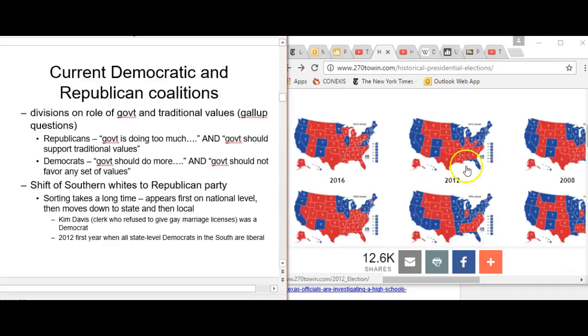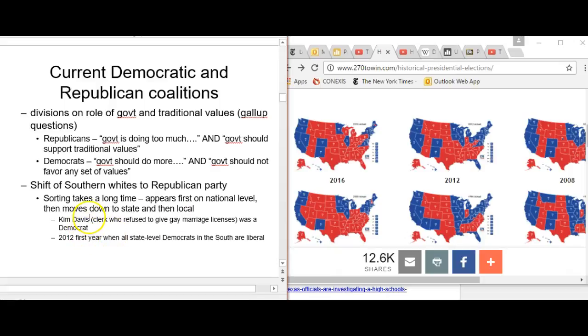I've talked about it from the standpoint of national politics. And it appears first on a national level, but it takes a long time to move down to the state and local level. Because organizations are pretty stubborn things.